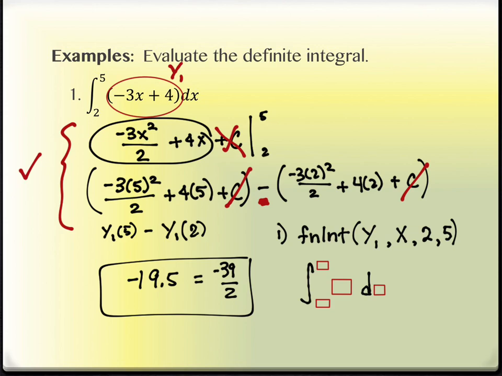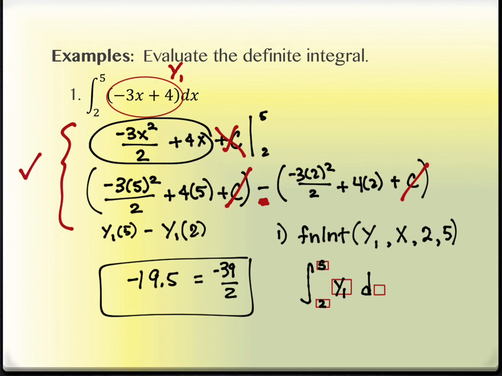Now everyone else who has the other version, it's going to match just like the function we started with. So you're going to put a 2 right here on the bottom. You're going to put a 5 right here on the top. And you're going to tell it y1 here. You could type the whole thing in of y1 if you wanted, but we saved it in y1, so we're going to put y1 in here.